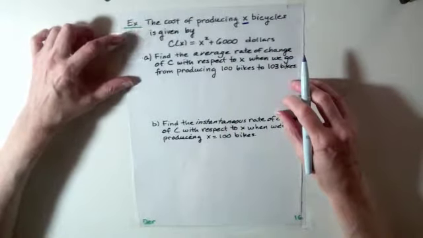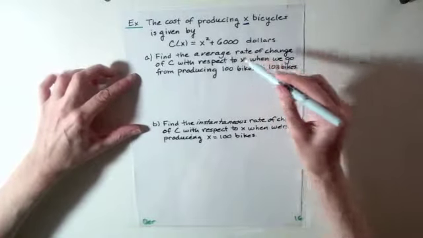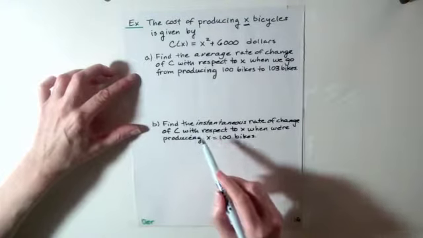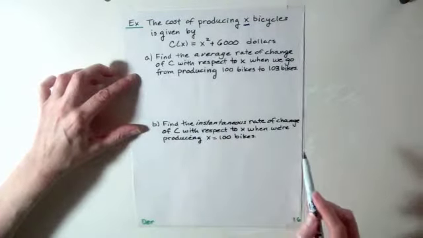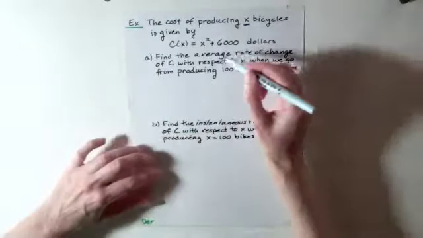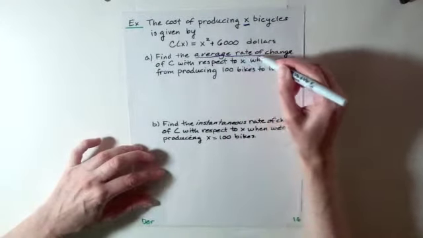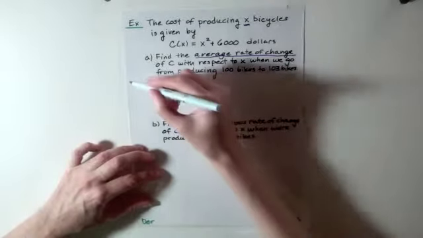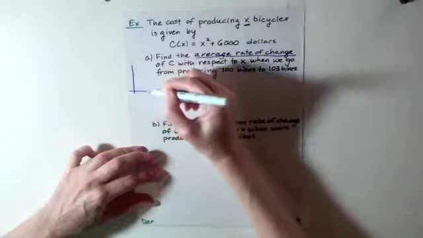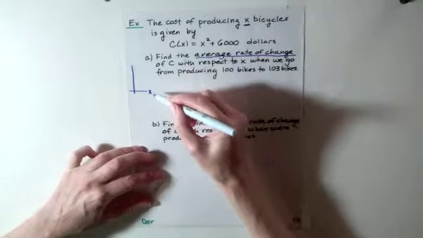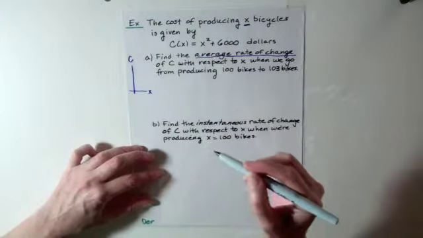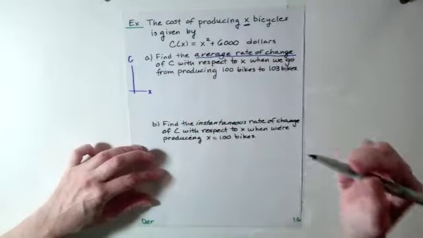Okay, great. Well, in part A here, we want to find the average rate of change of C with respect to X. And you notice in part B, we'll be finding the instantaneous rate of change of C with respect to X. Well, if I want the average rate of change, remember that in terms of the graph, if I were to graph this function with X, the number of bikes I produce along the X-axis, and C, the cost of producing that many bikes along the vertical axis.